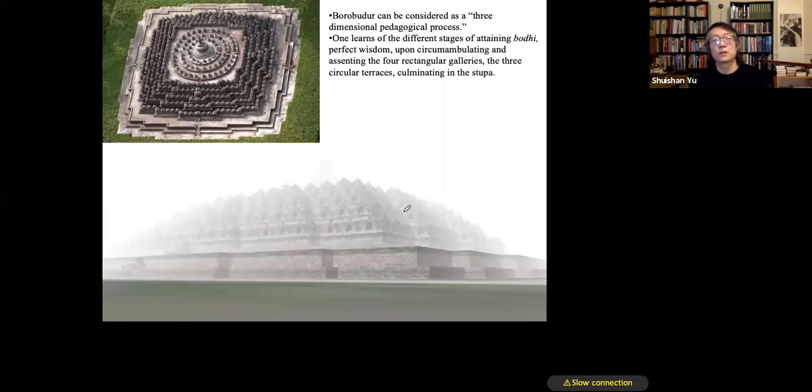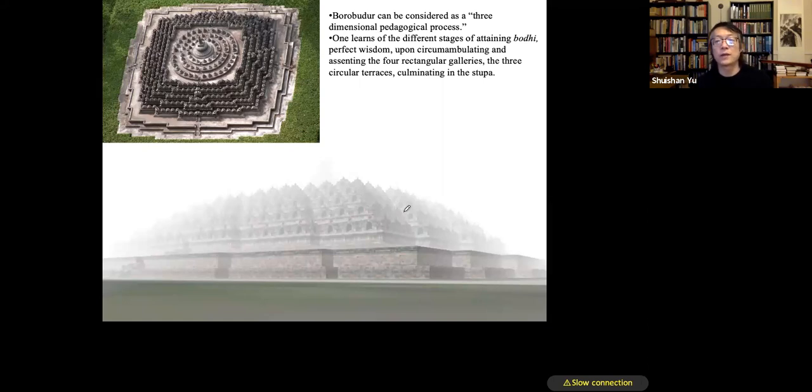Bodhi means enlightenment, the perfect wisdom. Upon circumambulating and ascending the four rectangular galleries, the three circular terraces, culminating in the stupa on the top. So there is a stupa at the summit, right? Representing the axis.